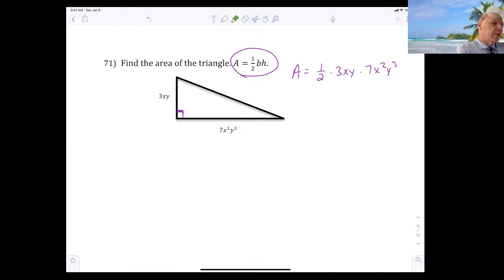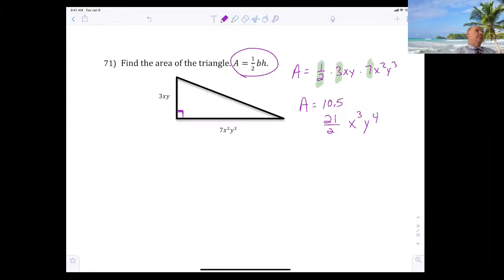Again, you're just multiplying numbers. 1/2 times 3 times 7. If you want, you can say that's 10.5, or you can just say it is 21/2. Then you add exponents, x cubed y to the 4th.